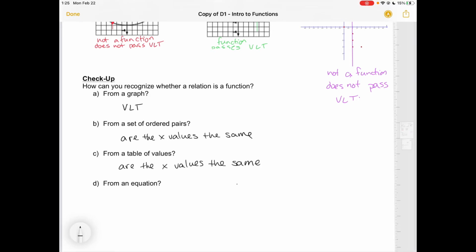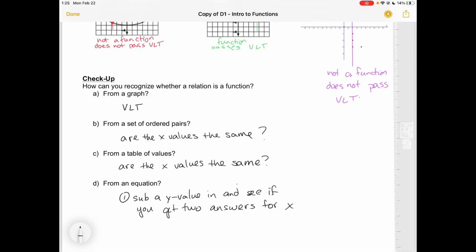From an equation, we've got two options. One would be to sub a y value in and see if you get two answers for x. And option 2 would be to graph it and use the vertical line test.